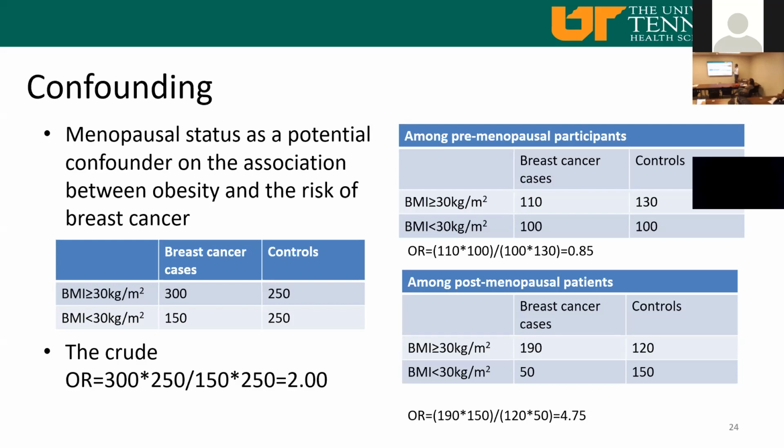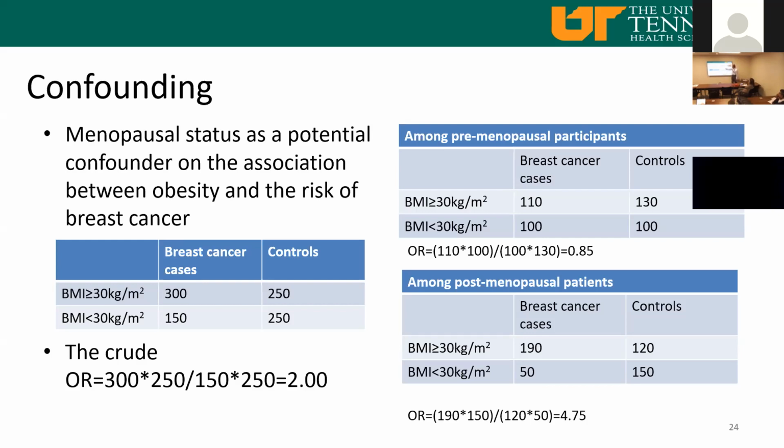And when we adjust for menopausal status, in the premenopausal participants, we have those above 30 kilogram per meter square. So we divided into 2. We have 110 of them in the premenopausal group and about 190 of those in the postmenopausal group.